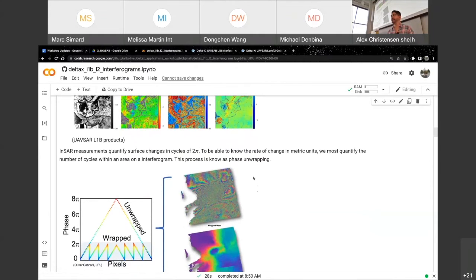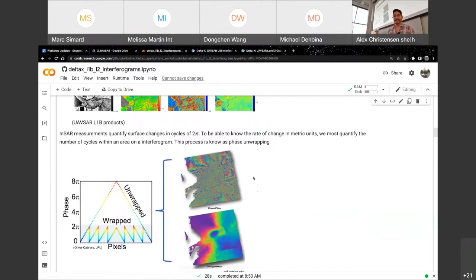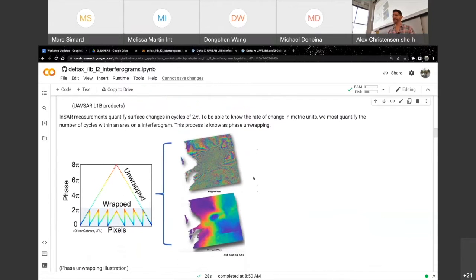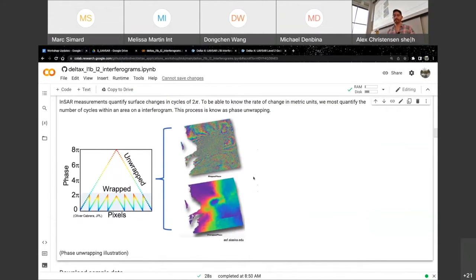It's not important to understand it fully, but just bear with me a little bit because it can be a little bit difficult. So an interferogram captures the changes in cycles of 2 pi. We have a wave and it goes down and comes back, and what we capture is how the wave changed in terms of 2 pi. And that will be a wrapped interferogram.